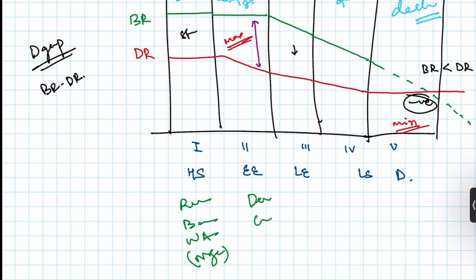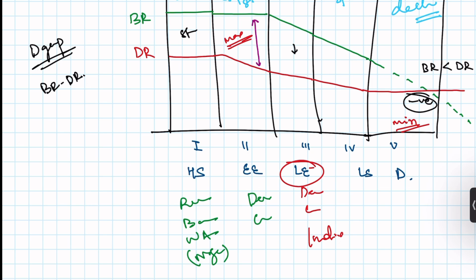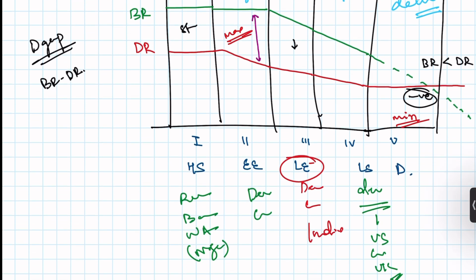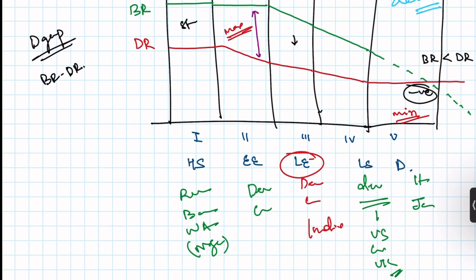The third one is also developing countries, and India. In India we see late expanding. Then the low stationary is usually seen in developed countries like the US, Canada or UK. In the fifth phase, the declining phase, we see countries like Italy, Japan, Norway.